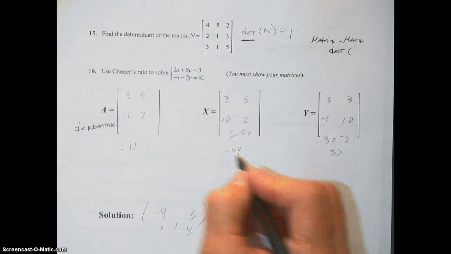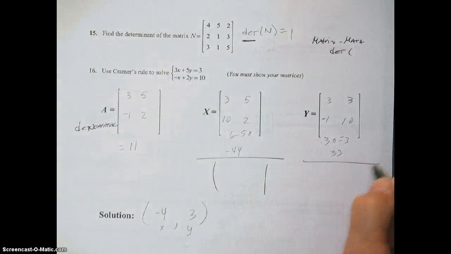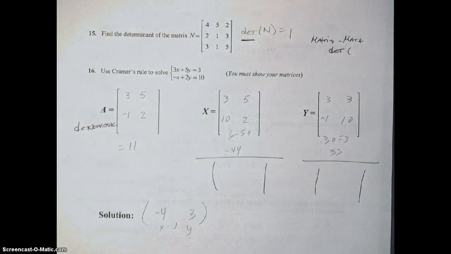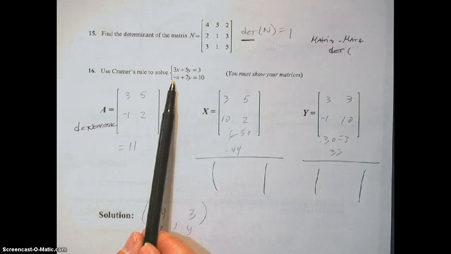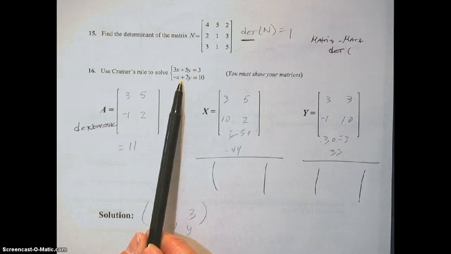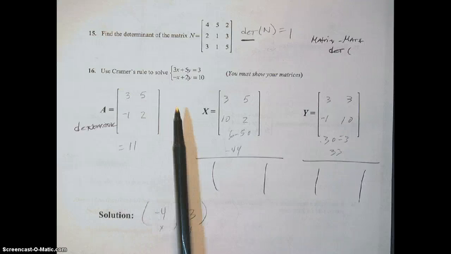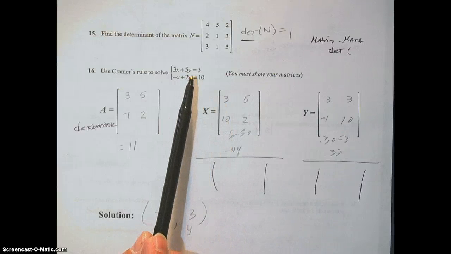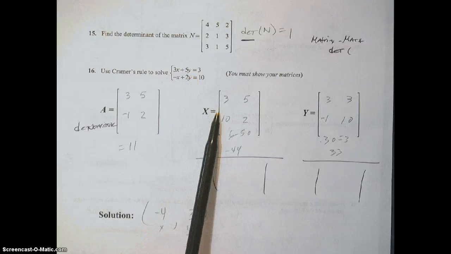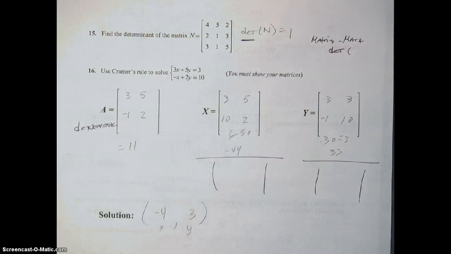So instead of repeating this 2 times, I'll just ask you what is the A matrix, and you get this from the x and y values. Remember, Cramer saw that if I want to solve for x, I put the constants in for the x column. If I want to solve for y, I put those constant numbers into the y column.